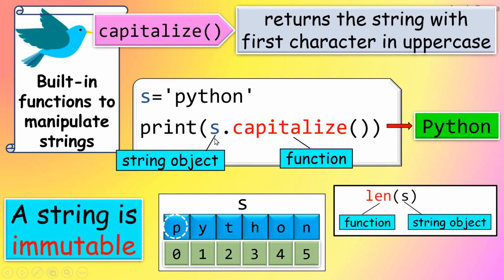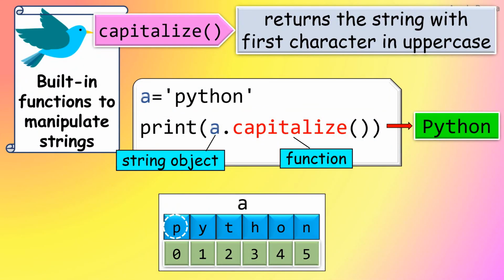Here s is the string object. If you have given some other name for the string object, for example, if I have stored the string Python in a string object a, then the function call would be a dot capitalize, because here a is the string object.